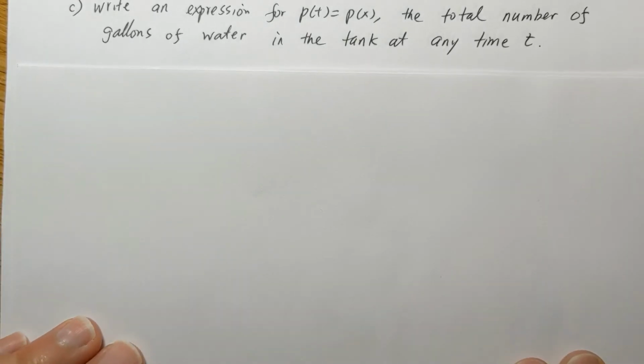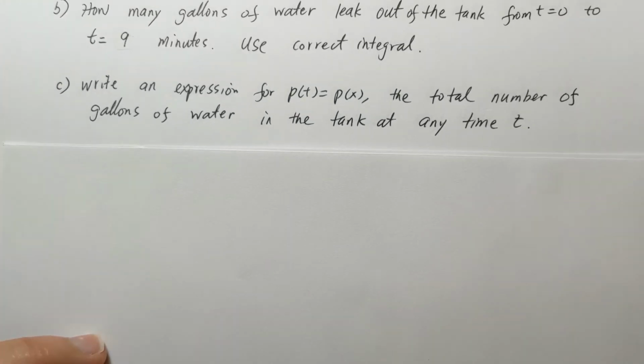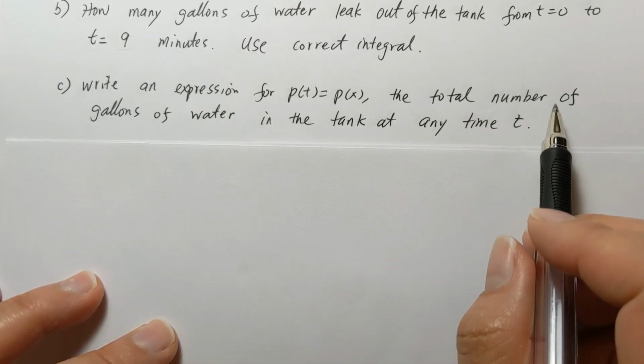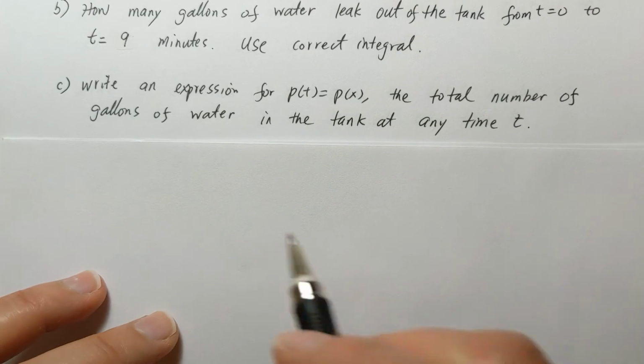Let's take a look at part C. Write an expression for P of t, the total number of gallons of water in the tank at any time t.